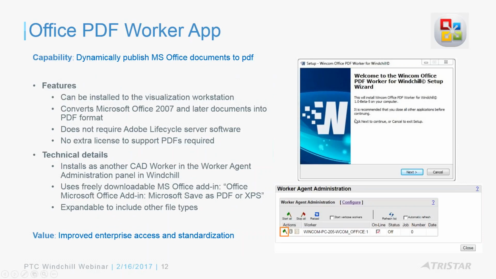The Office Worker app is a CAD worker installed on your Windchill visualization, and this is just using Office installed on the workstation to generate those PDFs of those files. It comes bundled with everything it needs. It does not require any kind of Adobe software at all.